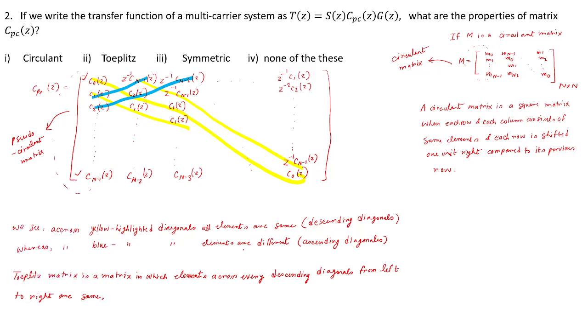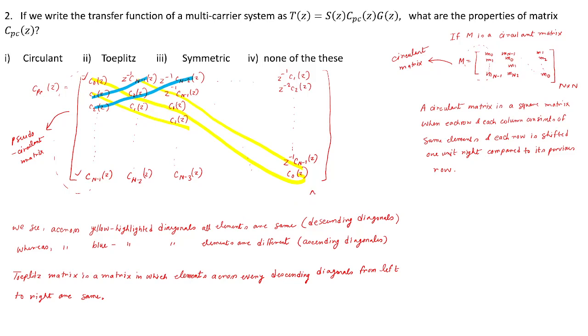Another way of saying that: each descending diagonal from left to right is constant. And this is the Toeplitz property. Now this CPCZ, which is a pseudo-circulant matrix, satisfies this Toeplitz property. Therefore, it's a Toeplitz matrix.